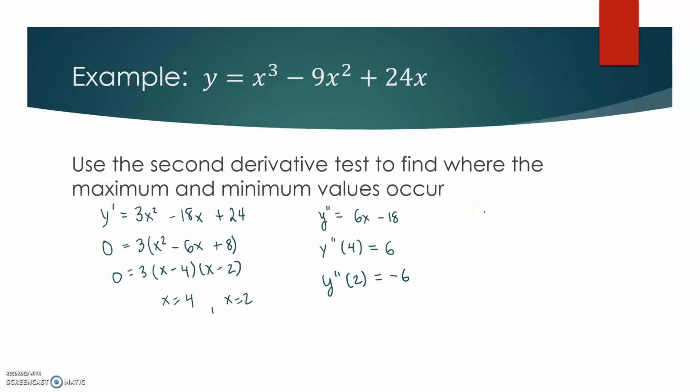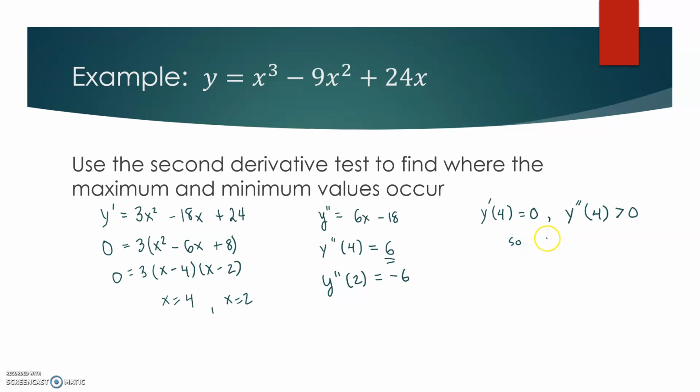So this is really the joy of the second derivative test. We know that y of 4 equals 0, and we know that y prime of 4 equals 0, and we know that y double prime of 4 is greater than 0. And it's important to show what number it is if you can.